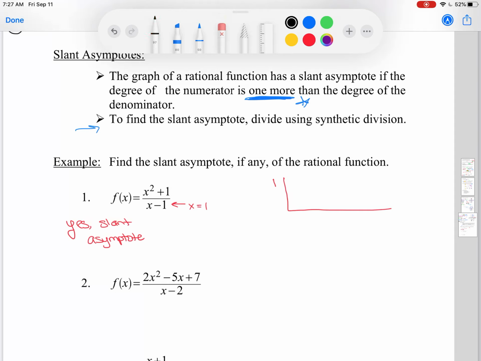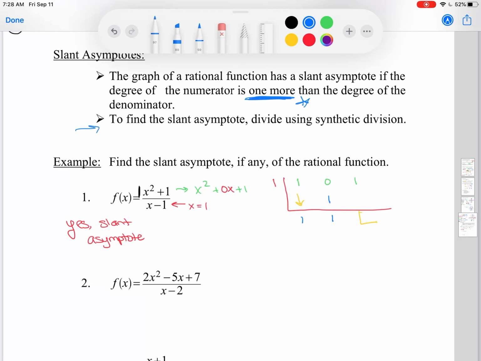Take my constants from the numerator, so I had a 1 here and a 1 at the end, but remember my placeholders. So there's really an x squared plus 0x plus 1. Don't forget your placeholders. So now I can take all of my coefficients, plug them in, and start synthetic division.